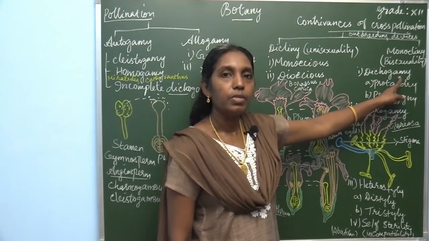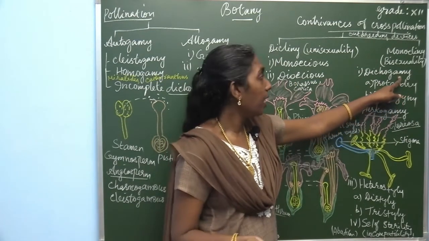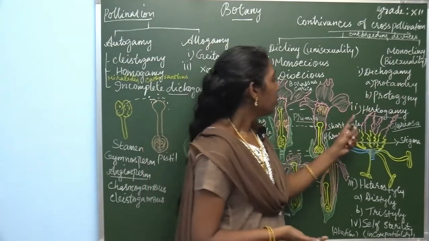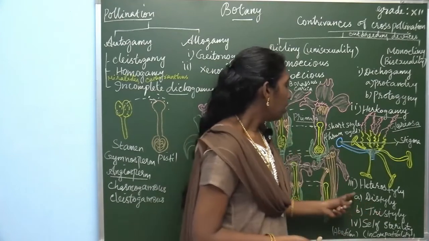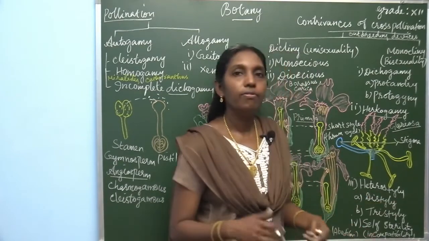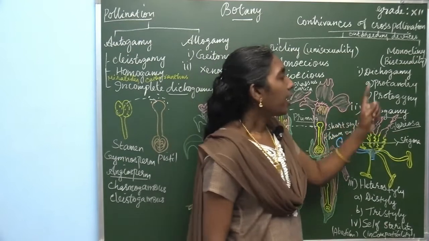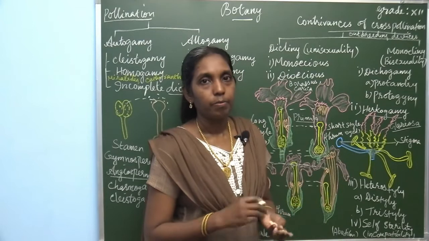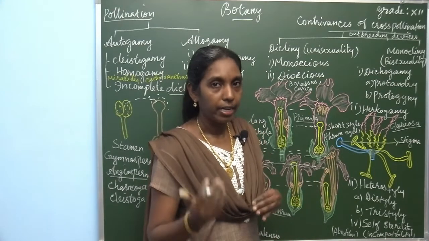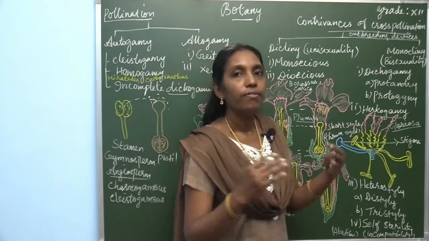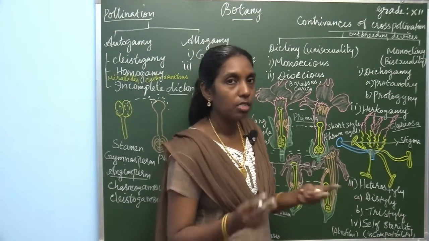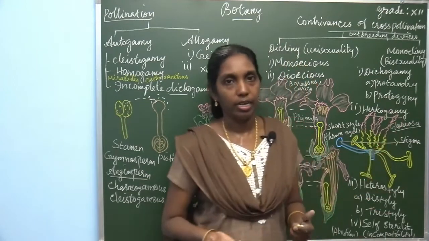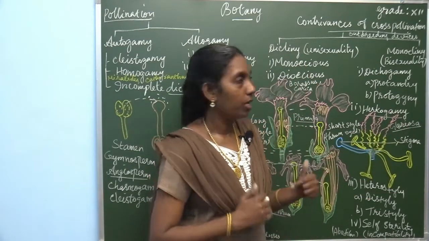Dichogamy is the first type, then hercogamy, heterostyly, self-sterility. In dichogamy, the sex organs, androecium and gynoecium, mature at different times. Based on this, there are two types, protandry and protogyny.